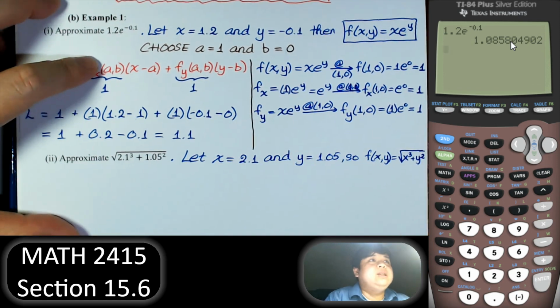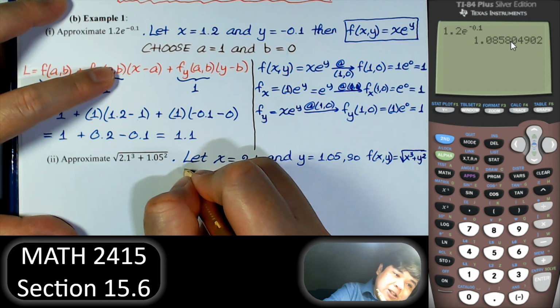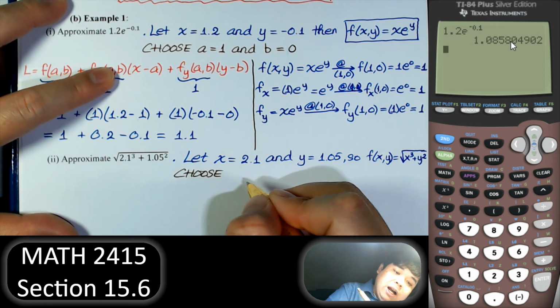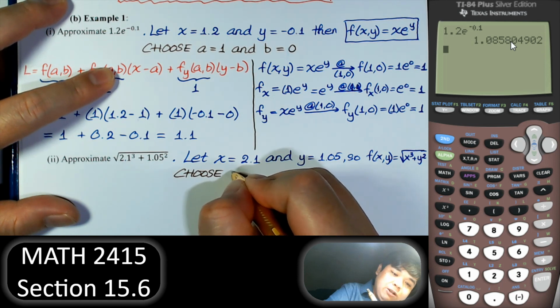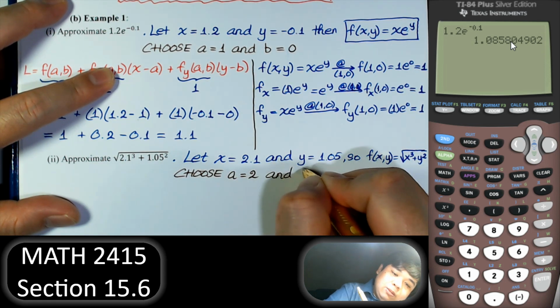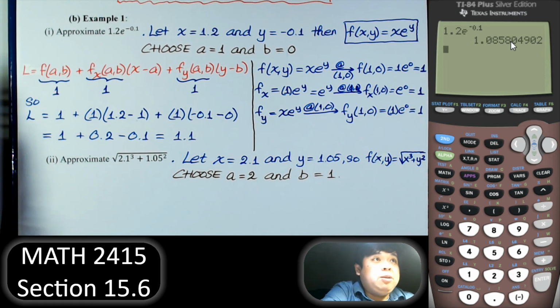Right. And now we choose something that is close to it. I'm going to choose 2 and 1. That is close to it.